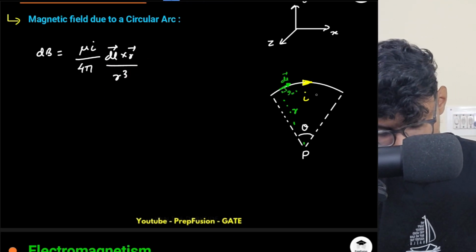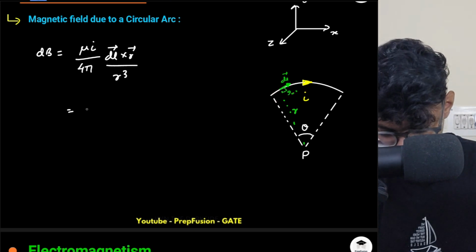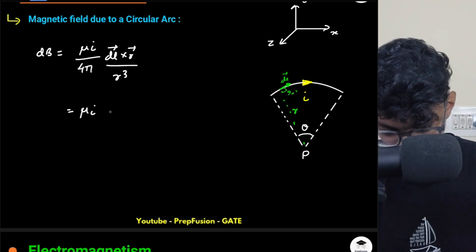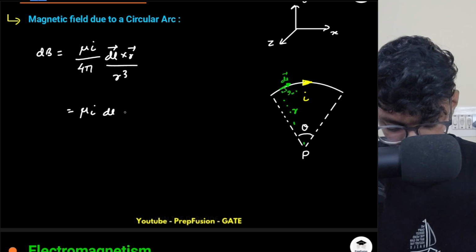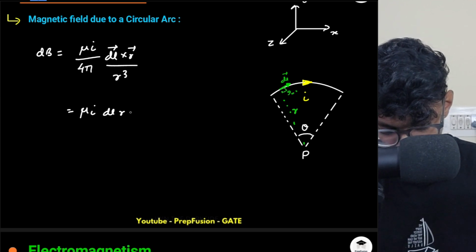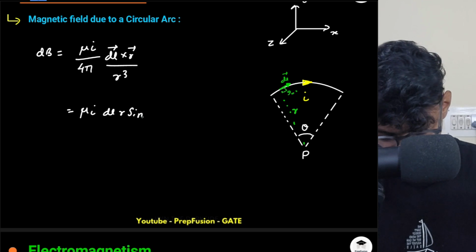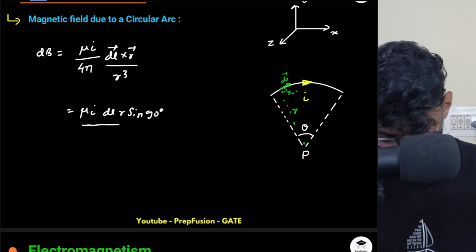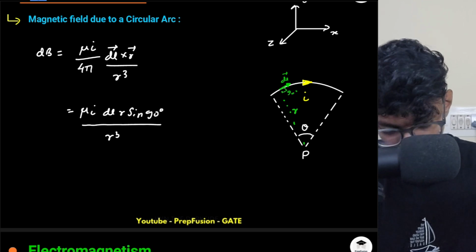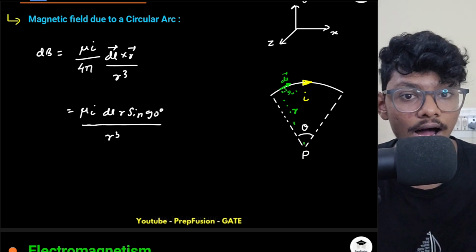So now I know the angle is always 90 degrees. So this is mu I, this gets converted into dl times r times sine of 90 divided by r cube. Now here I will replace dl with r d theta.